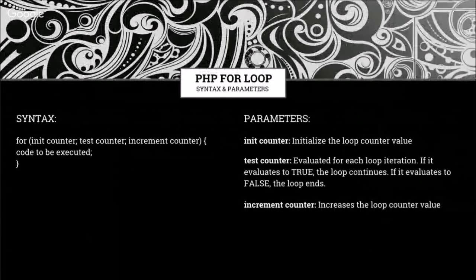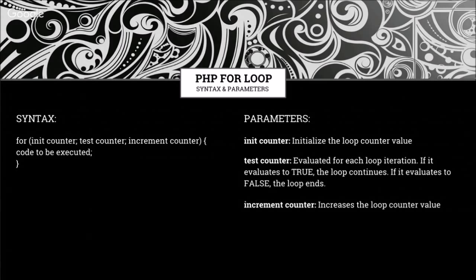Here is a brief explanation of how to set up a for loop. You have to, of course, use the instantiation for, and then you need to initialize some variables.